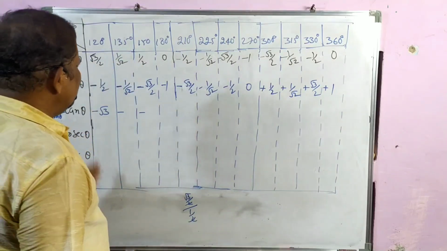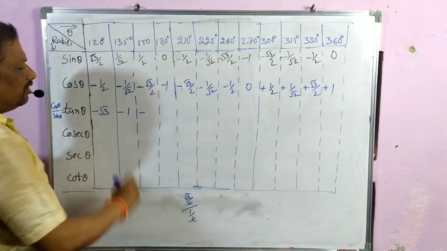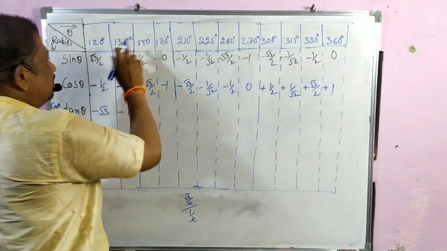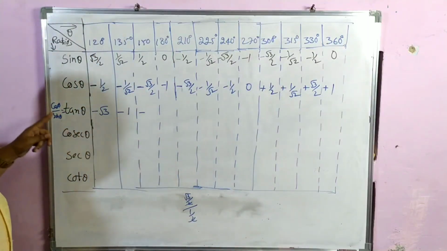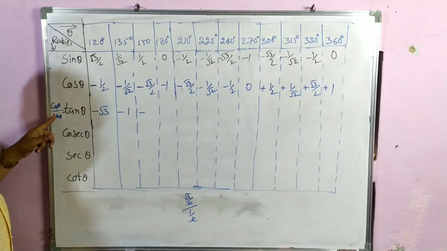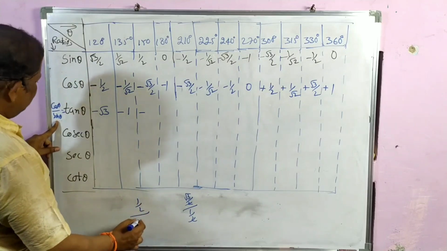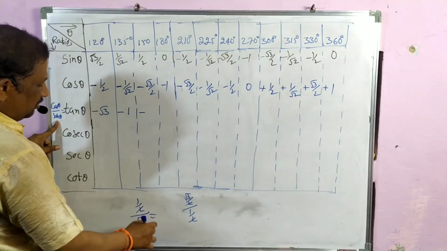Next, tan 45. Ratio changes, so cot 45. Same thing, tan 45 is 1. Half by half. Next, tan 60. Tan 60 means cot will become cos 60 by sin 60. Cos 60 is half, sin 60 is root 3 by 2. So the twos cancel.